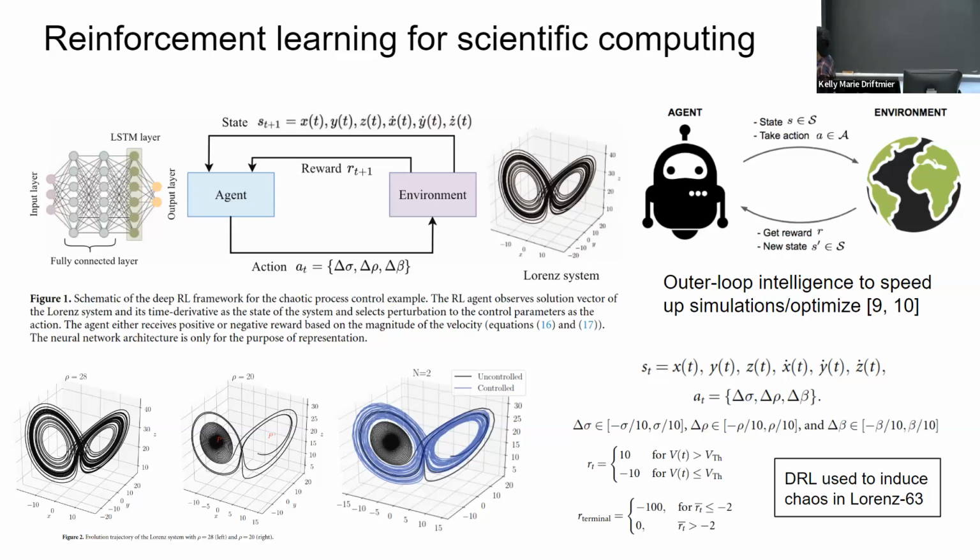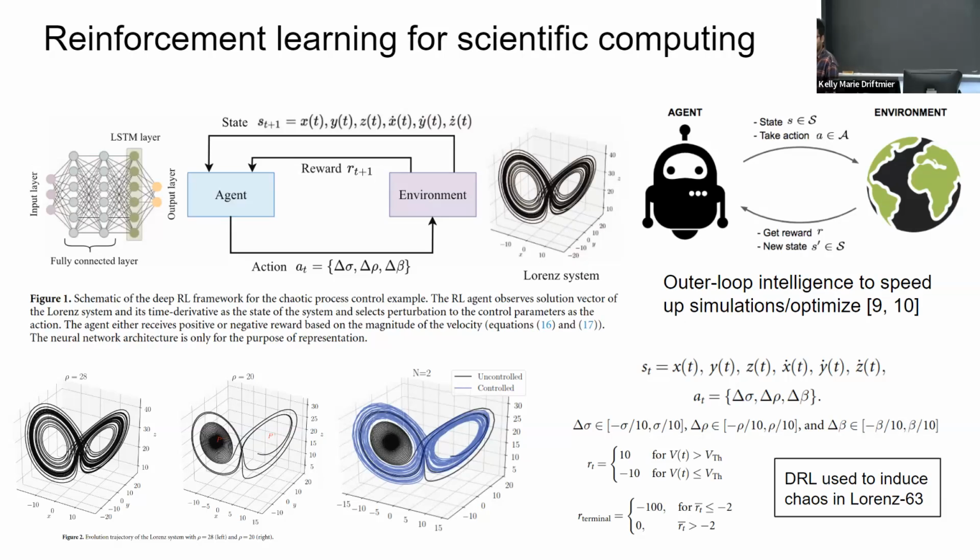So one paper that we published on this was, okay, can we use reinforcement learning to keep perturbing these parameters, even though they are in expectation in a stable configuration? So in expectation, my rho is 20, but because I bounce rho by certain percentage points over time, I continue to remain chaotic.